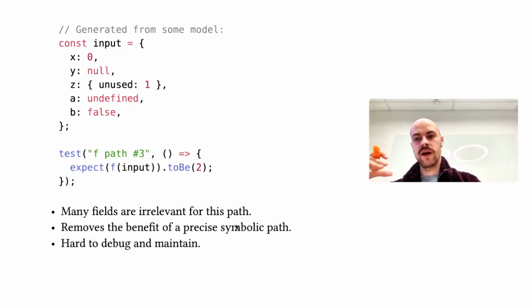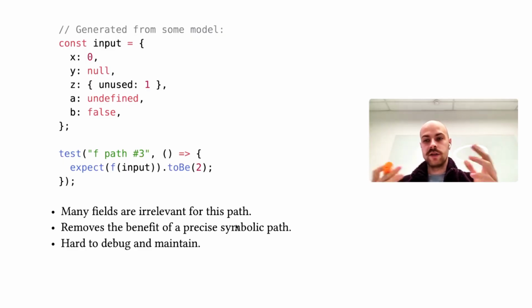So we could have all these properties calculated, but it will make so many fields that are irrelevant for this path. And it completely removes the benefits of a precise symbolic path, because we cannot understand if this object is identical for this path, if it represents it, or if it's just a random object in the system and we are lucky to have it.